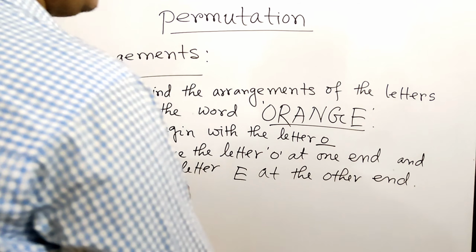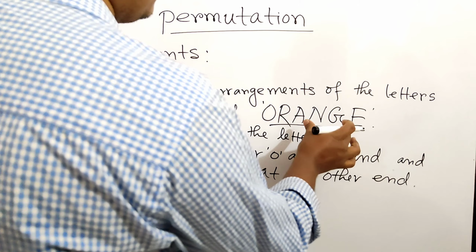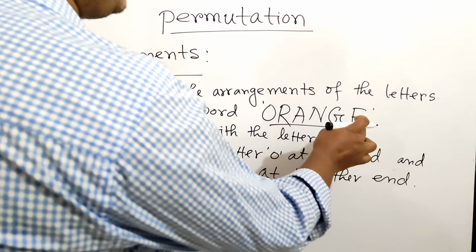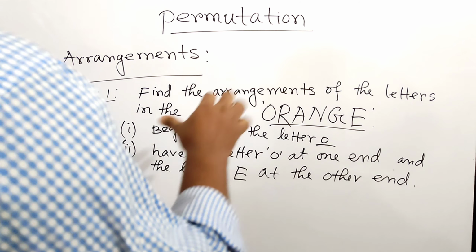So you can arrange this word keeping the letter O at one end and the letter E at the other end.